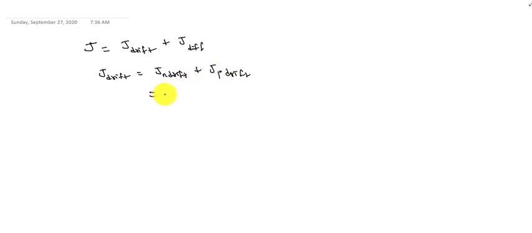So drift current equation is sigma E. Sigma means q into n into mu n, this is sigma due to electrons, into electric field E, plus q into p into mu p into electric field.